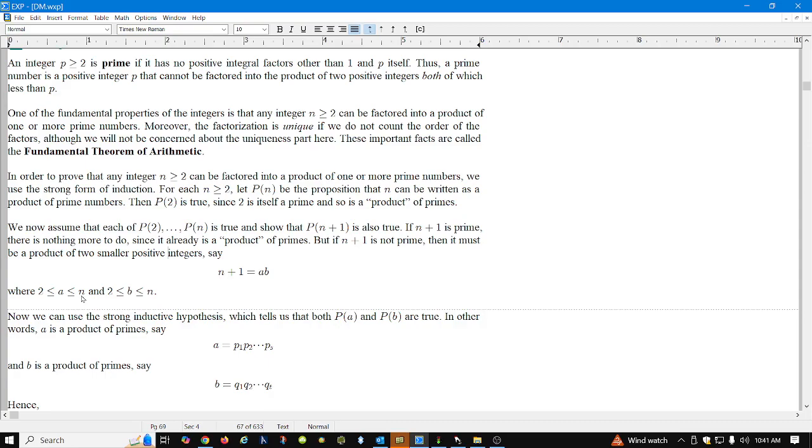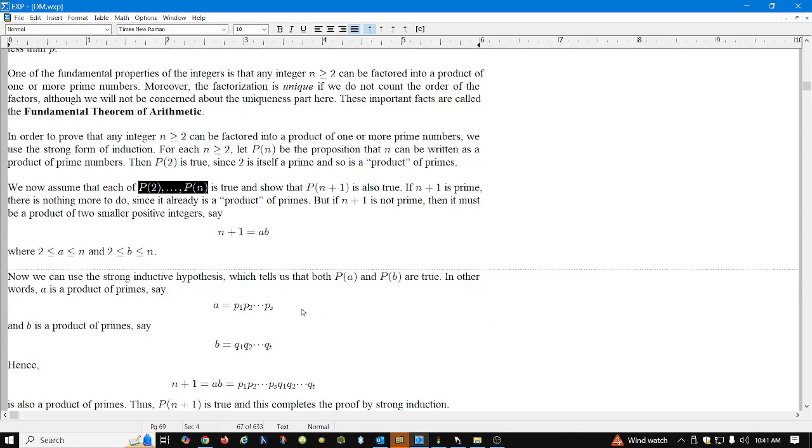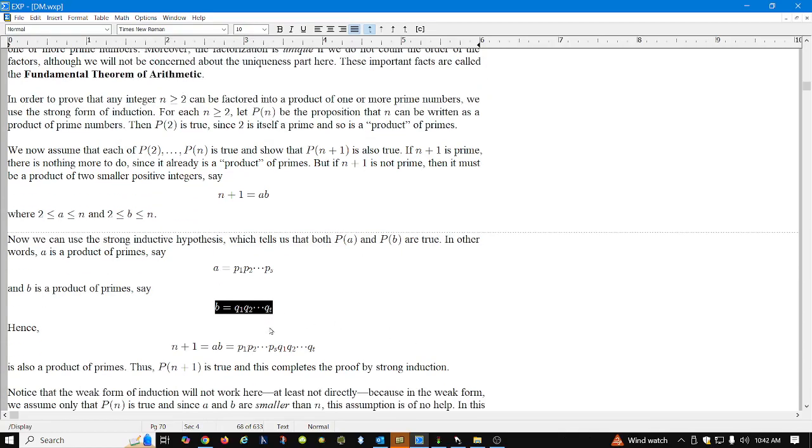Because a and b are in this range, and because we're using the strong form of induction, we know that P of a and P of b are true. In other words, a is a product of primes and b is a product of primes. And therefore, of course, n plus 1 being ab is a product of primes. And we're done.